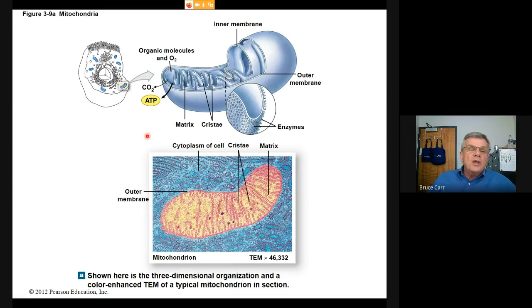At some point in history, those two types of cells combined, and an aerobic prokaryote took up residence inside an anaerobic one. Now, what are the advantages?